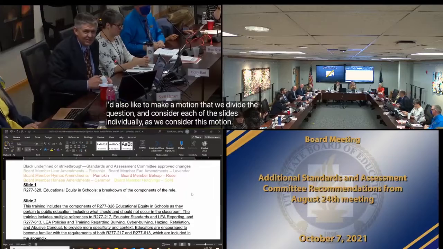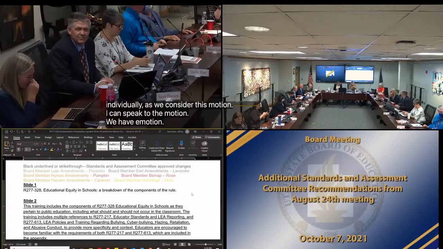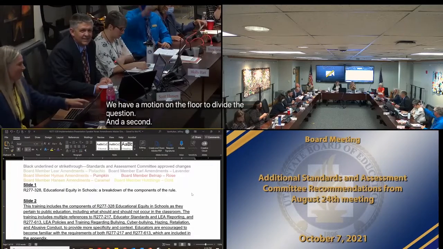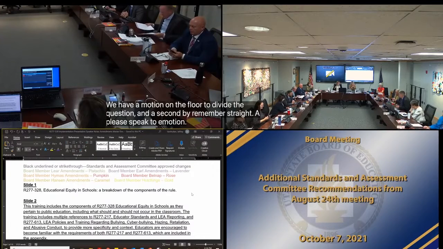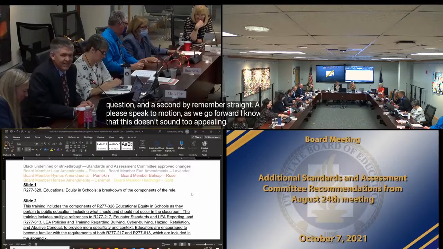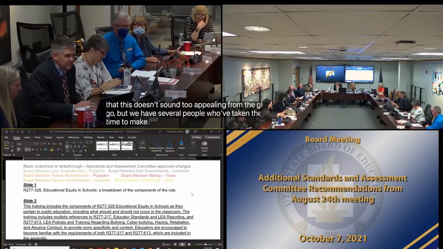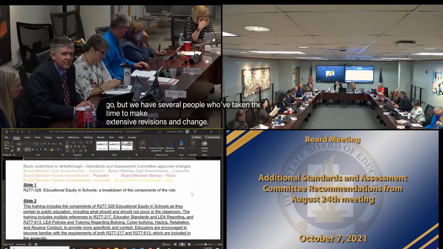I can speak to the motion. We have a motion on the floor to divide the question and a second by Board Member Straight. Please speak to the motion. Yeah, as we go forward, I know that this doesn't sound too appealing from the get-go, but we have several people who've taken the time to make extensive revisions and changes to the language.